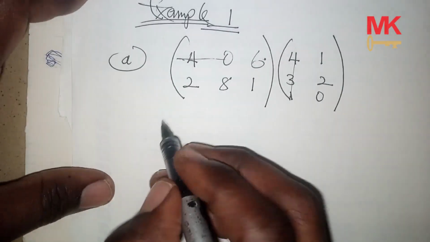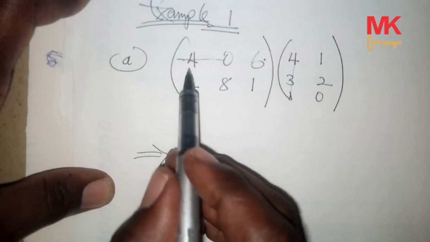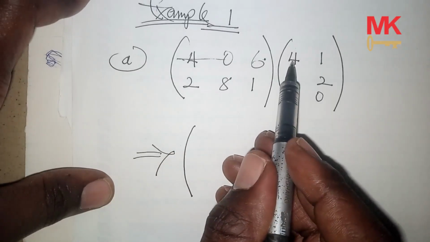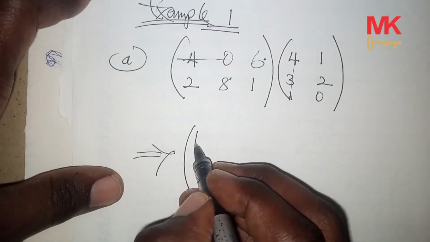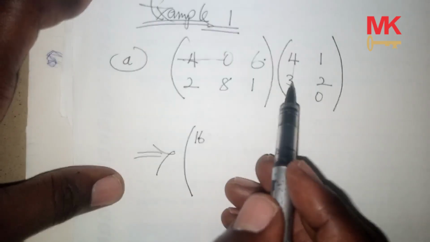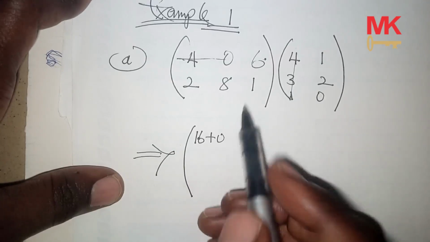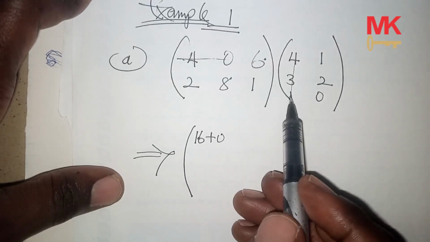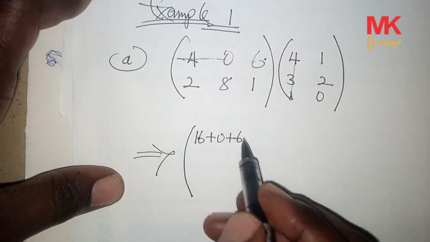So 4 times 4, corresponding elements will multiply. 4 times 4 is 16, and 0 times 3 is 0, that's plus 0. Then 6 times 1 gives you 6. We're done with the element that will be here now.